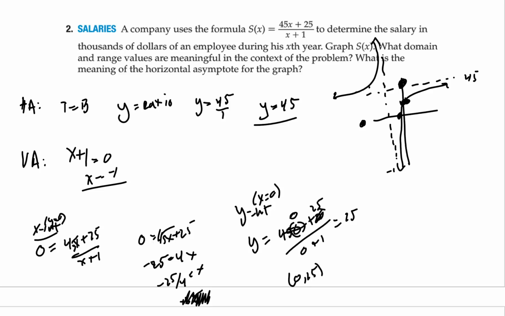Let's go over a couple things they asked. What are the domain and range values that are meaningful in the context of the problem? We're talking about salary. X here is years, and S is salary. Which domain values are meaningful? You can't have negative years, so 0 to infinity.